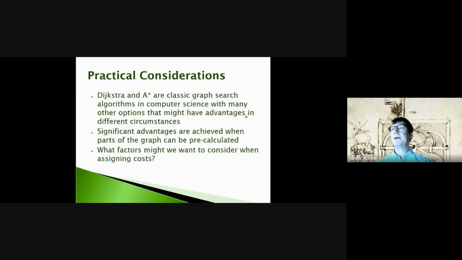So Dijkstra and A star are these classic generic graph search algorithms in computer science, with many other options that might have advantages in different circumstances, right? There are lots of other variations on these and other types of algorithms, but the idea is that we are building this graph of different nodes. So we need some sort of mapping database that includes all these lane segments, and they have to be connected in a way in this graph.